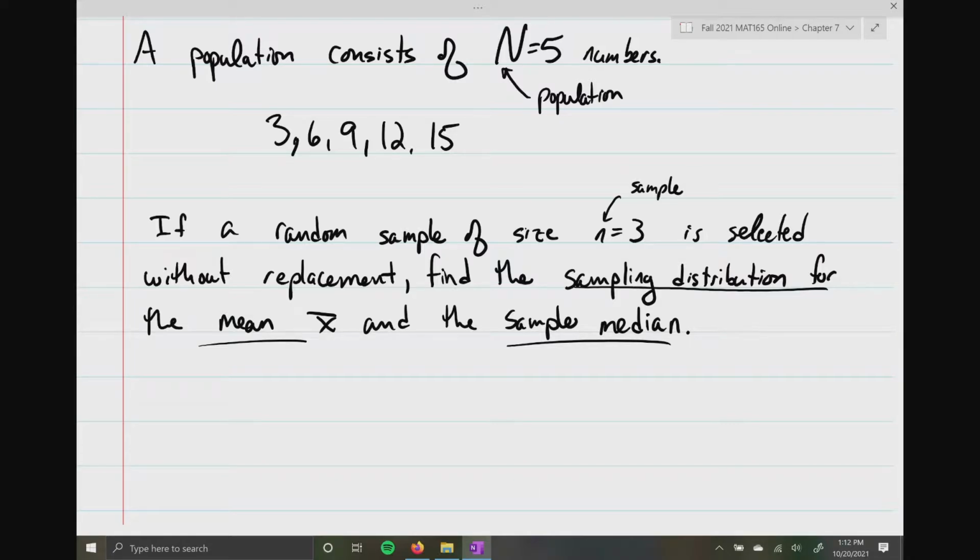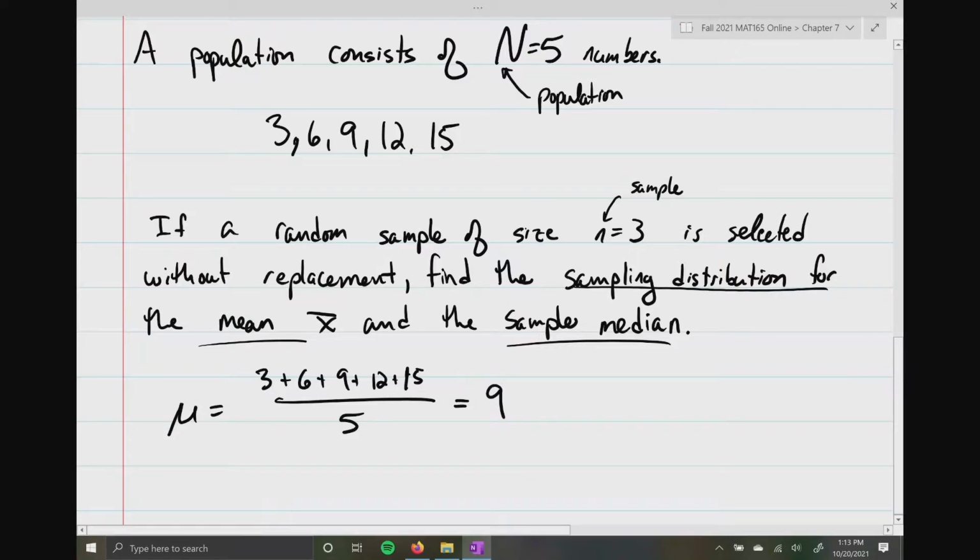So the population mean, remember, is mu, and that's just going to be adding up every single number that we have in our population and then dividing by the total number we have. So 3 plus 6 plus 9 plus 12 plus 15, all divided by 5, equals 9.